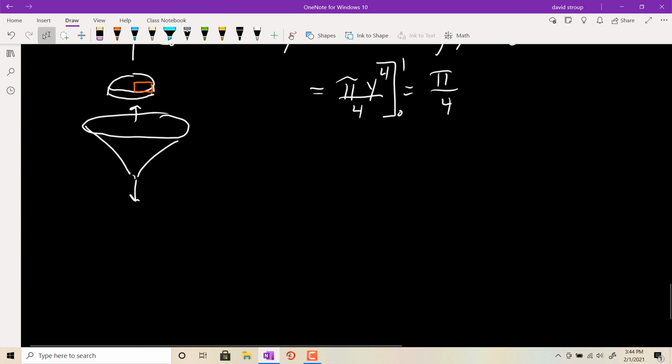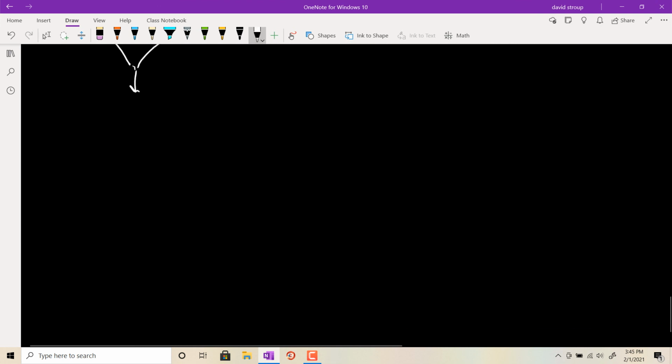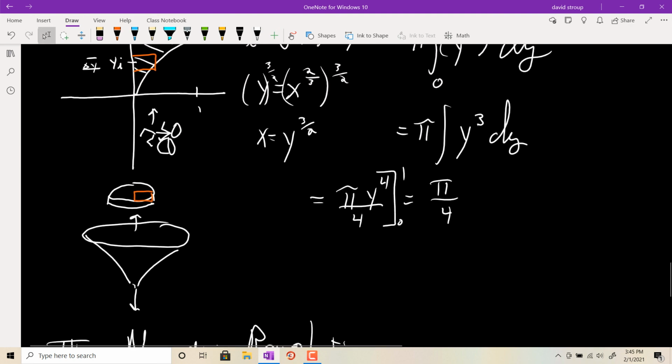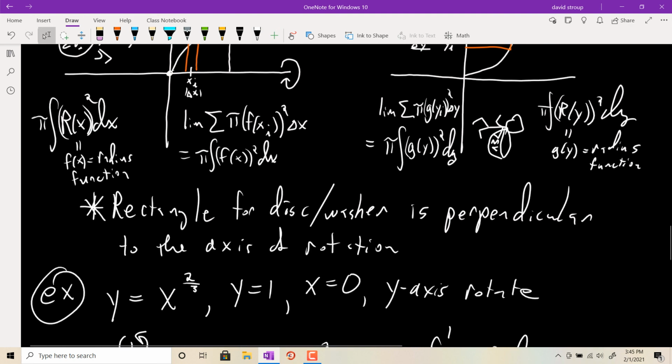So I'm just kind of trying to think ahead a little bit. Anyways, you have x-axis rotation, y-axis rotation. You can also have non-axis rotations, but they're always going to be parallel to either the x-axis or the y-axis. And the only thing that really changes then is going to be this radius formula, this r of x that I was alluding to.